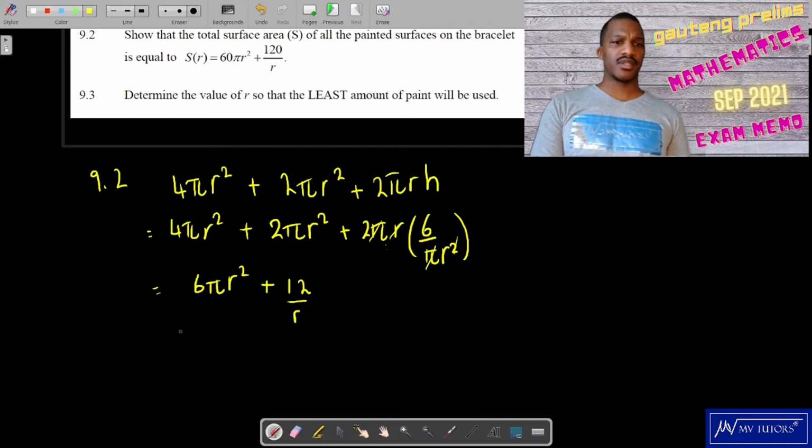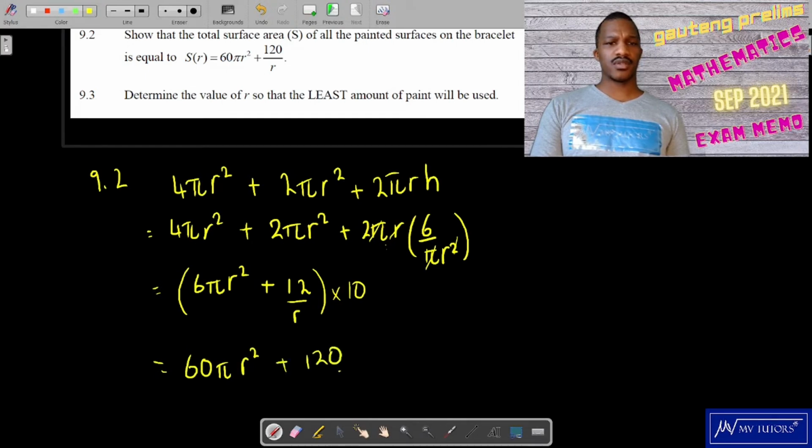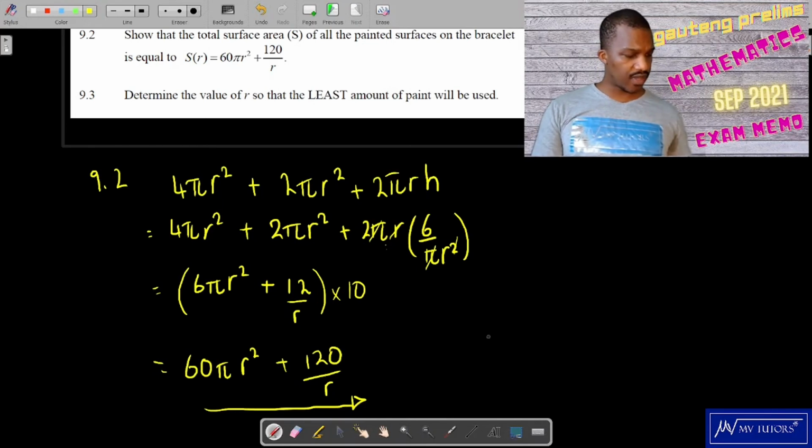If I want it to be exactly 60 and 120, that's also fine, because what I can do then is just multiply everything by 10 like that. And what that's going to do is give me 60 pi r squared plus 120 over r. That's it. Can do it like that. No problem, no issues over there.